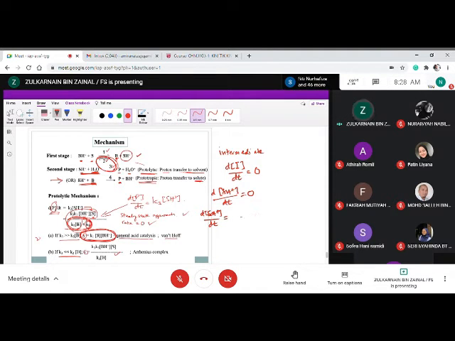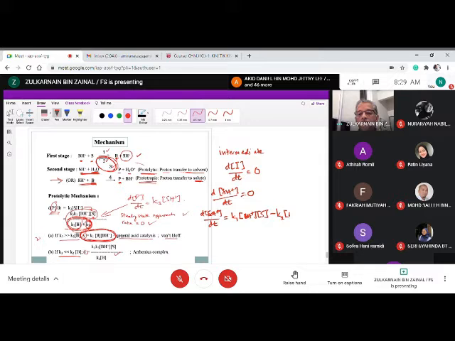So if you are to write that, you should write K1 BH plus S. The second reaction, which is the reverse of the first step, is the consumption of SH plus, so that will be negative, and the rate constant is K2, and the reactant involved for the reverse reaction is B SH plus.